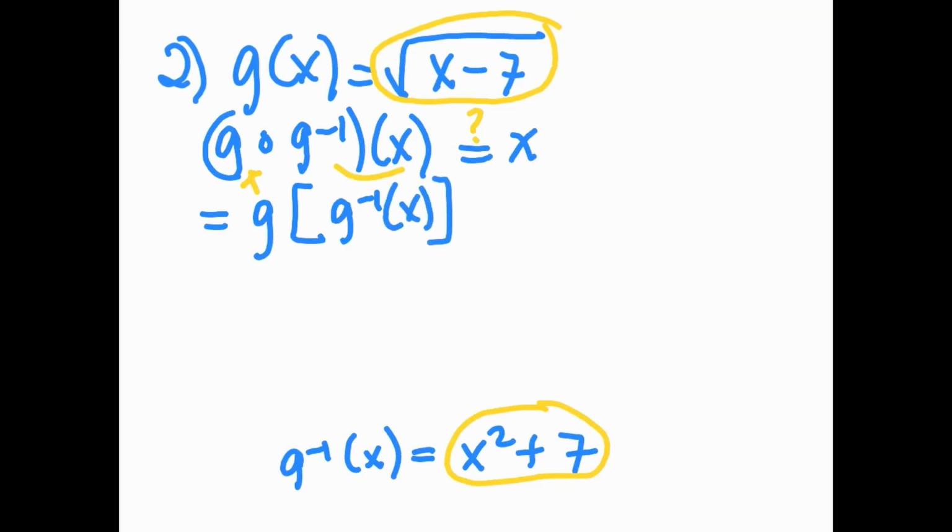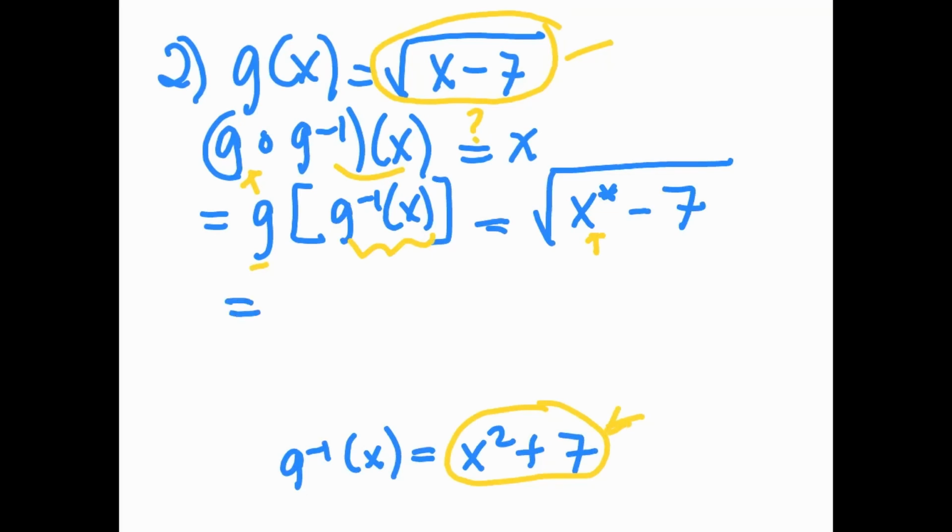Take note that the function g has this form, square root of x minus 7. So this will now become the square root of the variable x, but let's make it as x star minus 7. Now this is g inverse of x given by this expression here. So this tells us that we need to substitute this variable x star with x squared plus 7.